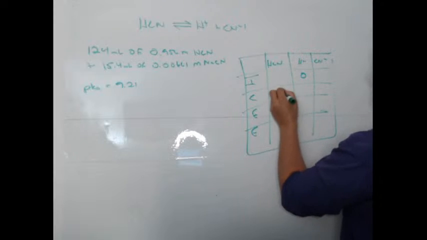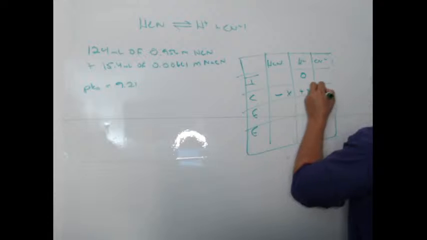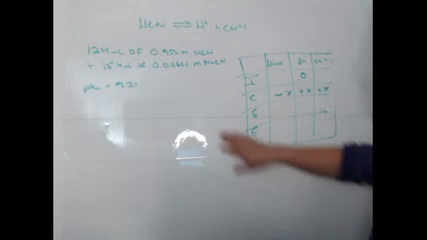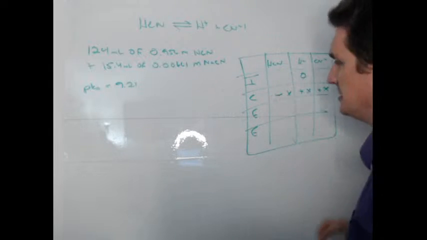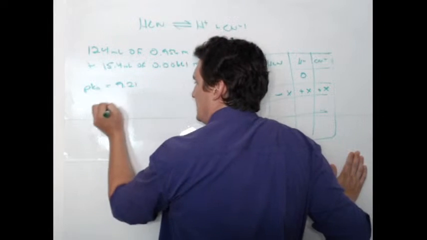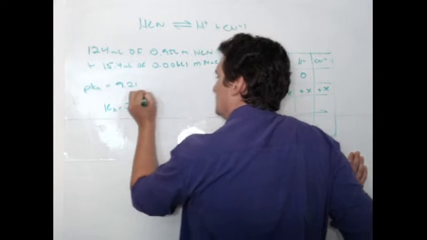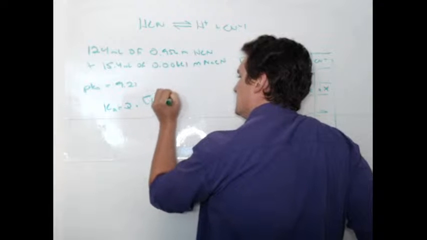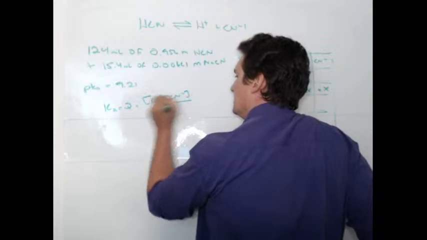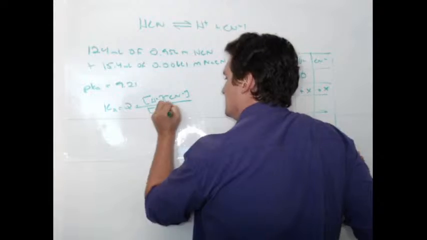For H plus, we're going to assume 0, so minus X, plus X, plus X. We need these initial concentrations because ultimately we're going to get at Ka equals Q, which is H plus times CN minus all over HCN.